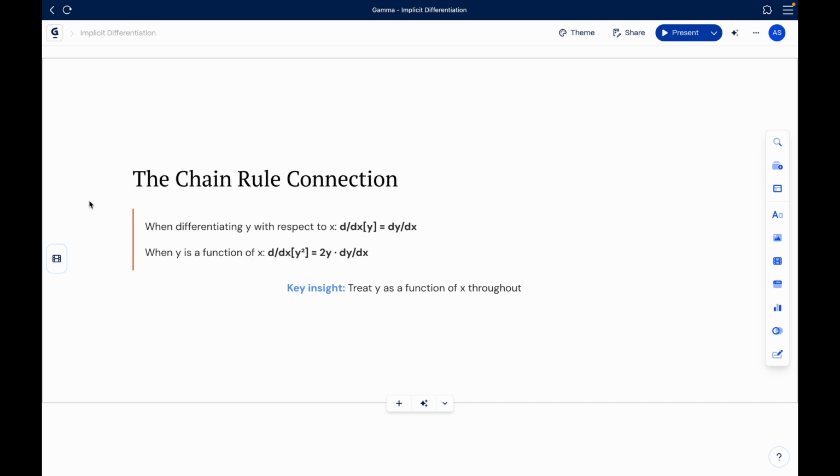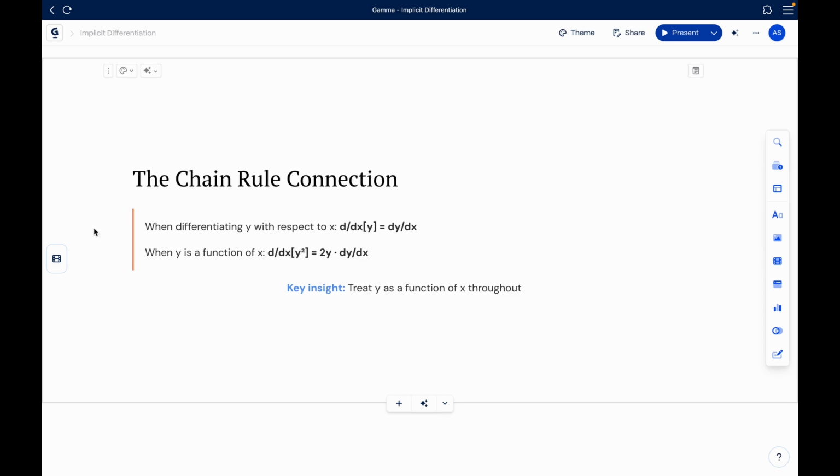Now, the reason I waited this long to cover this is number one, normally it is taught much later, and I agree with that fact, and number two, the way we really do it must come after we've covered the chain rule. So, if we differentiate y, which is a function of x, with respect to x, we get d by dx of y is equal to dy by dx. So, when y is a function of x, using the chain rule, we're going to get 2y times dy by dx.